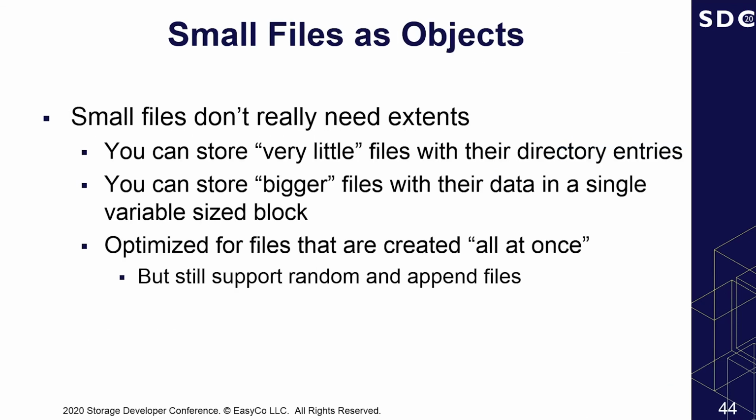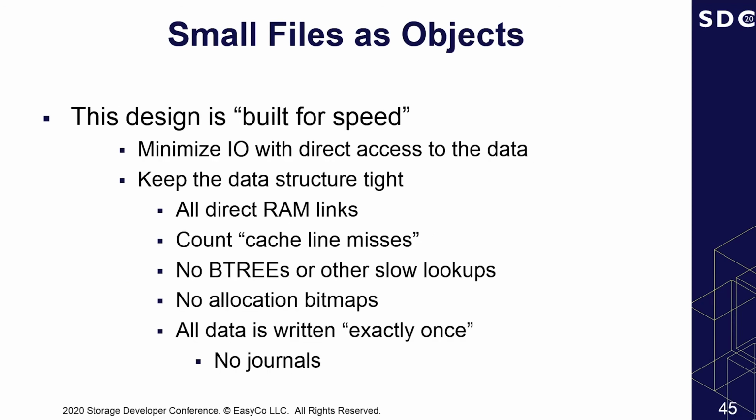One reason that this works is that the storage is almost 100% dense data. Very small files store with their directories. There are no allocation units, and big files need fewer extents. In many ways, this is the ideal structure for object storage and key value storage, where files are created and retrieved all at once. It should be obvious that this structure is designed for speed.